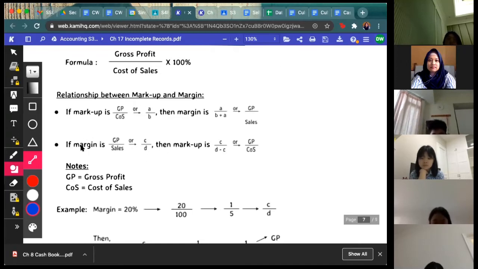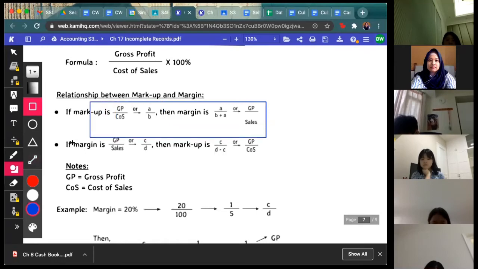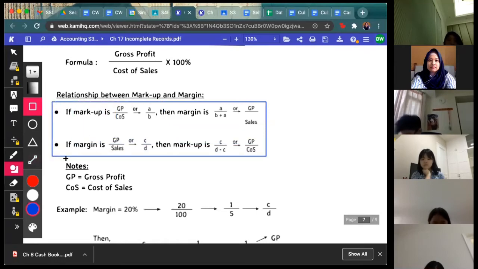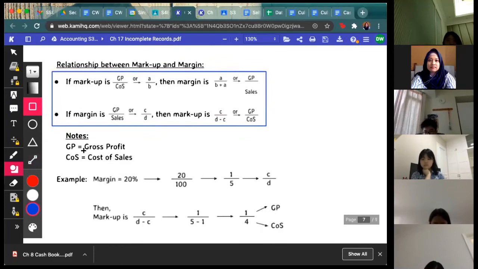If margin is GP over sales, and I change the letters to C and D, and I need markup but I am given margin, then to find markup is C over D minus C. So if you change markup to margin, it is A over B plus A. But if margin to markup, it is C over D minus C. That is the formula that you need to remember. GP stands for gross profit and COS stands for cost of sales.